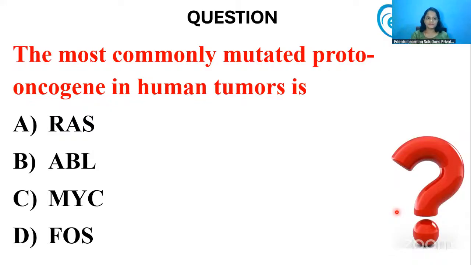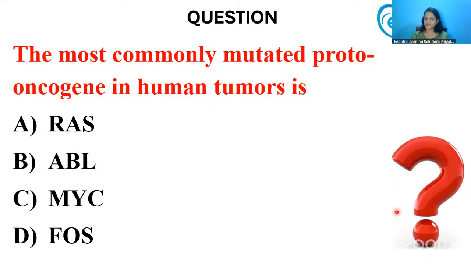Now, next question. The most commonly mutated proto-oncogene in human tumors is, okay, so here comes the genetics in carcinogenesis. Genetics in cancer formation and tumor formation is a little bit complex topic. The more you study, the more complex it can get.